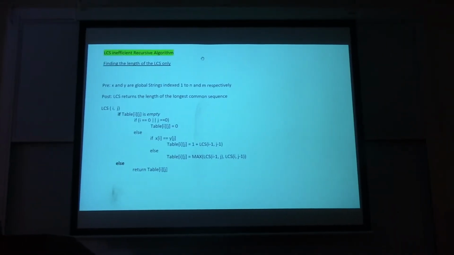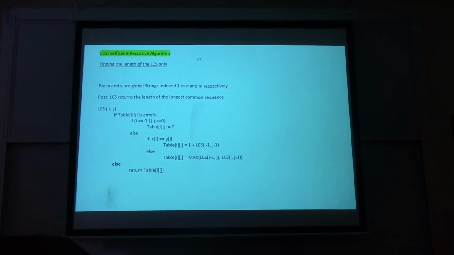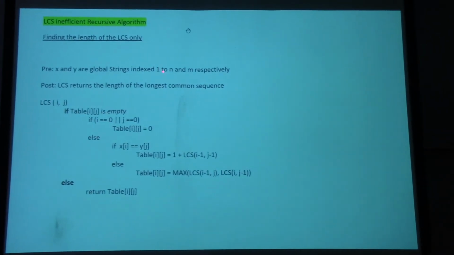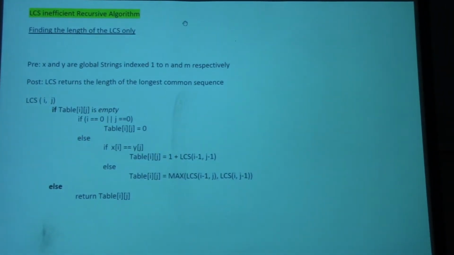Now we're going to do one more thing. If we have 1 to n for the first string, our table is going to go from 0 to n, and if it's 1 to m on the second string, we're going to go from 0 to m.